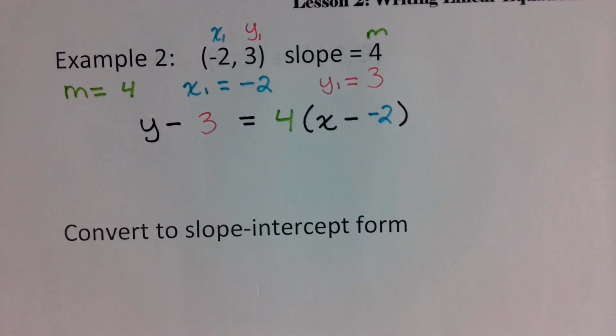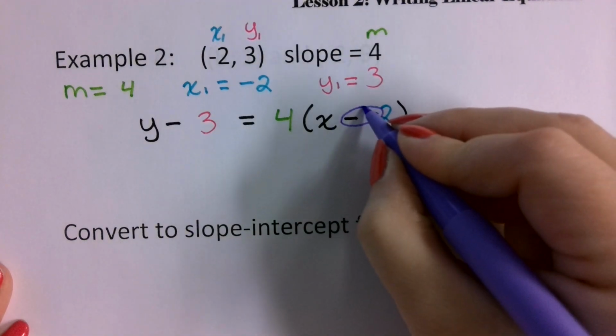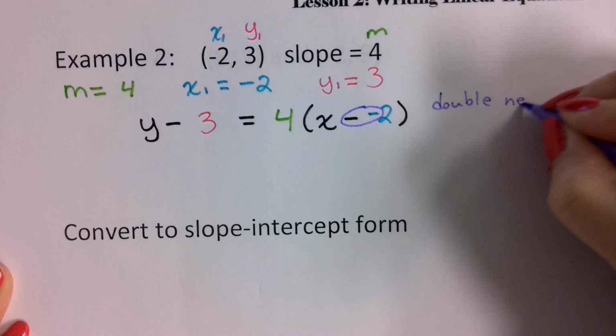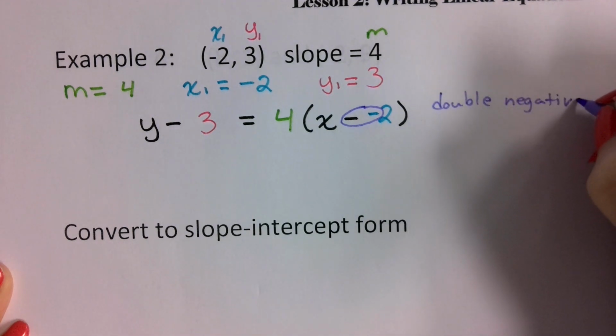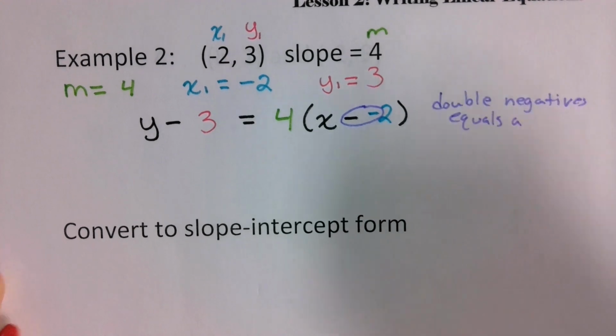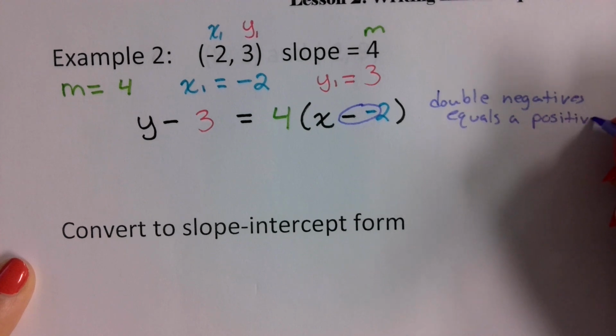Now, here's the thing. We're not big fans of double negatives. So whenever you see a double negative here, we like to go ahead and rewrite those. So remember, a double negative equals a what? A positive. Double negatives equal a positive.